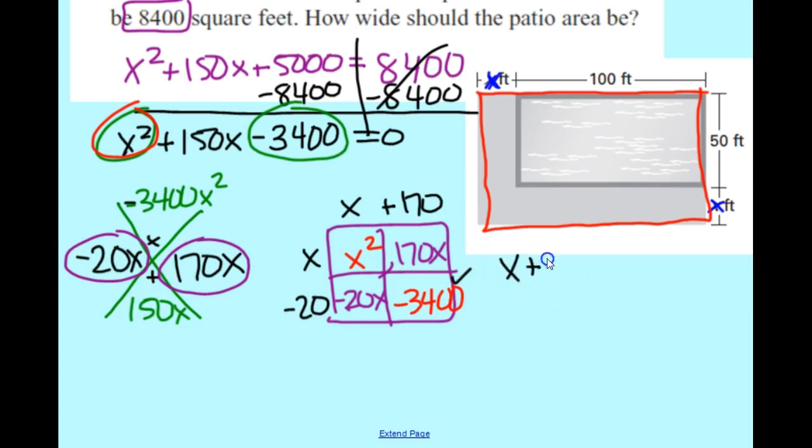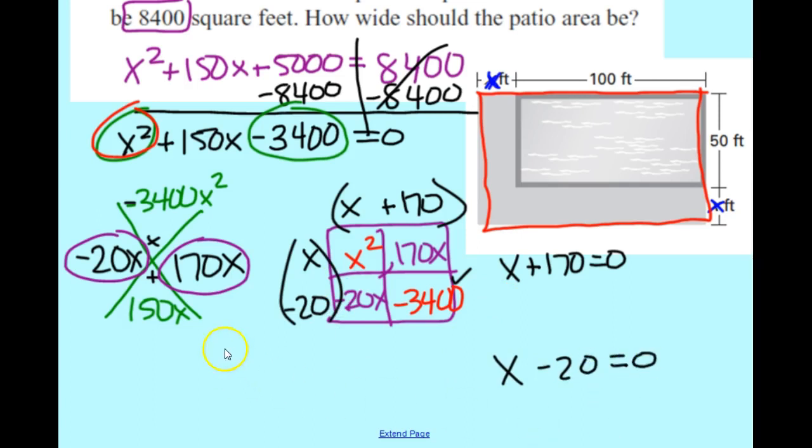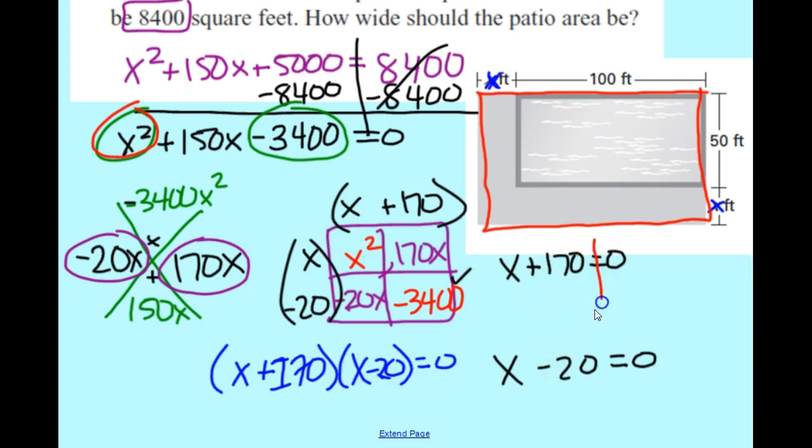So we have x plus 170 equal to 0, or x minus 20 equal to 0. If you wanted to write it all out, you could. I just split them up right away. So if I subtract 170, x equals negative 170. Or if I add 20, x equals 20.